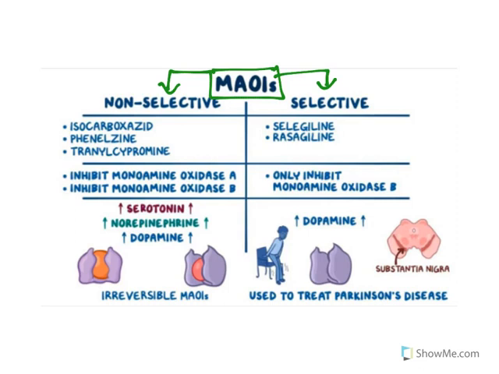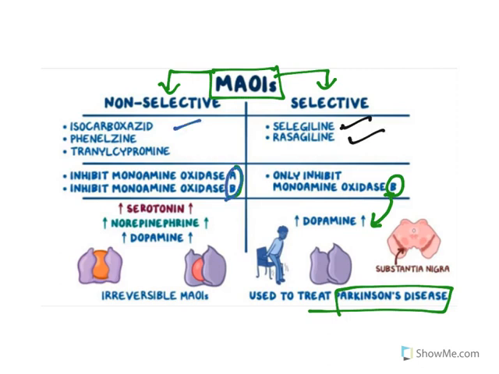There are two families of monoamine oxidases, monoamine A and monoamine B. Monoamine B selectively enhances dopamine, hence it is used to treat Parkinson's disease. Examples of the drugs are selegiline and rasagiline. Whereas the non-selective MAO A and B drugs like isocarboxazid, phenelzine, tranylcypromine increase all the monoamine neurotransmitters, hence they can be used to treat depression. So these are all the major classes.